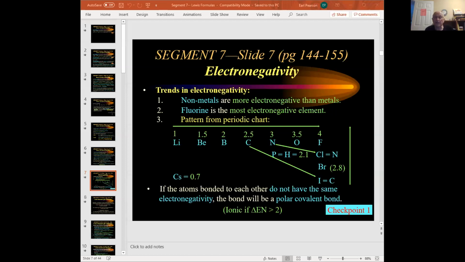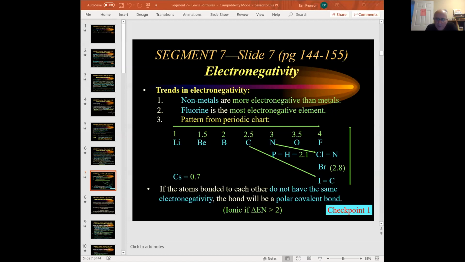We finished this, I think, at the end of the last lesson, but I'll just remind you again of the electronegativities, because those are critical and extremely important to the overall properties that molecules have.